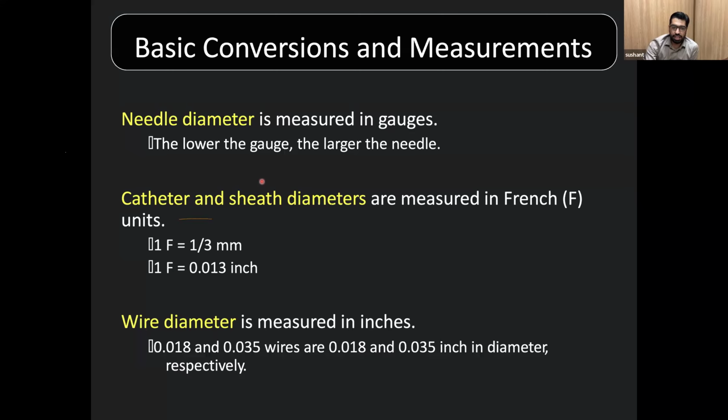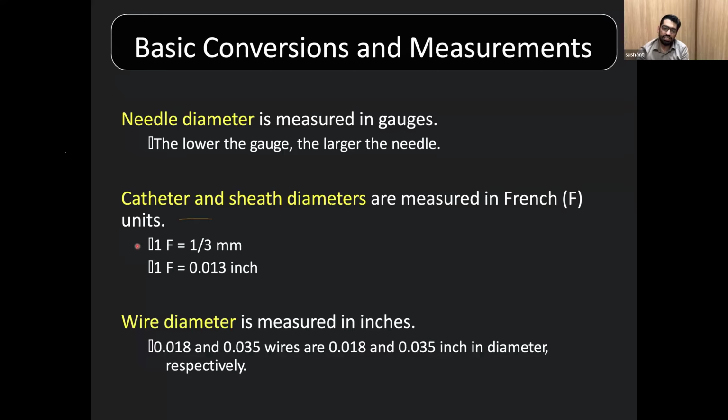Now coming to the catheter and sheath diameters, these are measured in another unit known as French. So what is French? One French is 1/3 of a mm, or 0.013 of an inch. Whatever catheters we have seen, like drainage catheters, we have been talking about this French: 10 French, 14 French, 16 French.